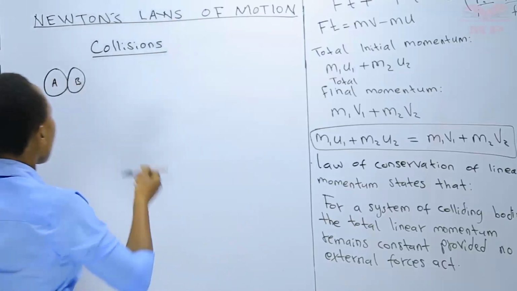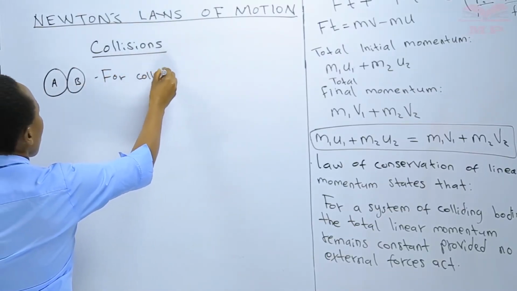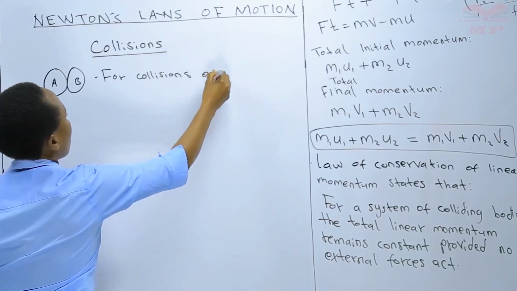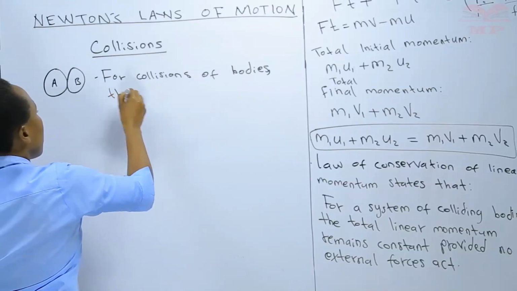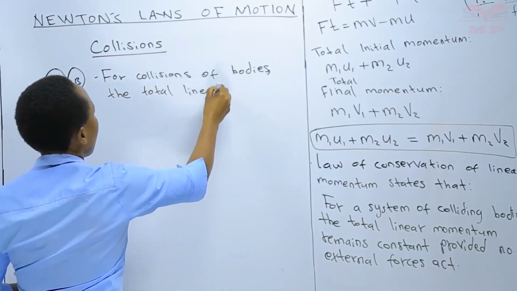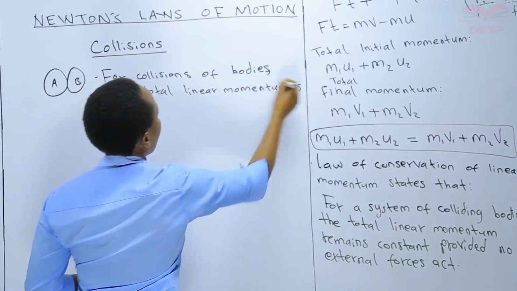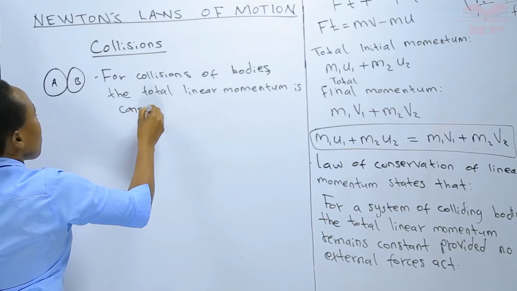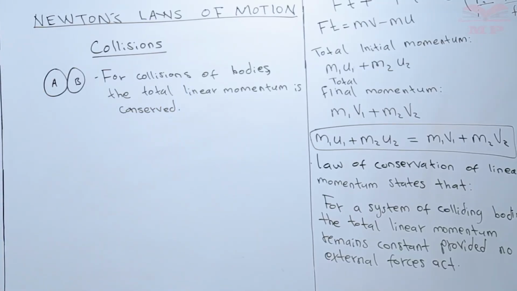So for collisions of bodies, the total linear momentum is conserved, or it remains constant. That is for any system of colliding bodies.